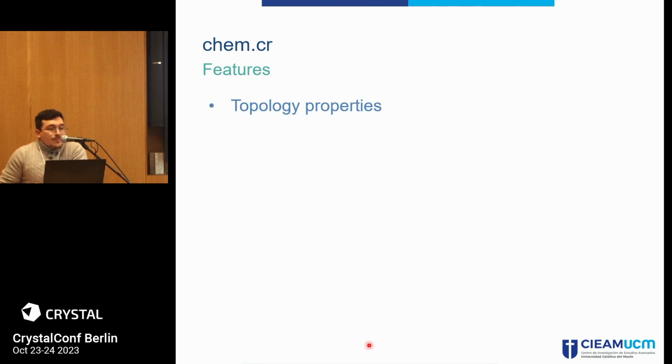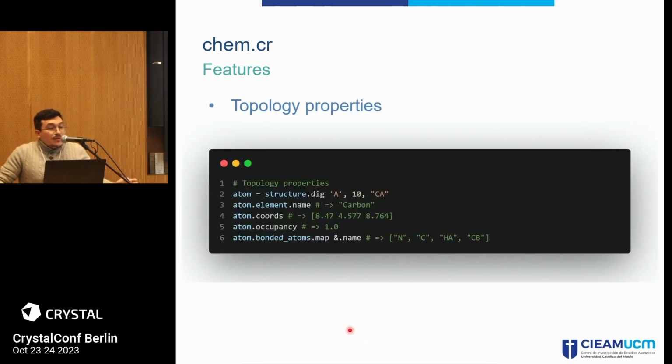About the topology properties, yes, you can access a lot of properties like the name, the coordinates, the occupancy, the molecular mass, the charge, a lot of information that is enriched by chem.cr in the structure. So this is really cool because this is lacking in a lot of formats.